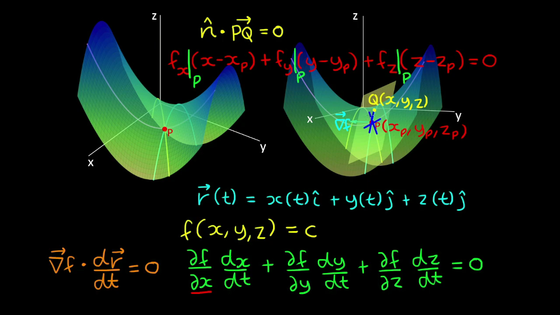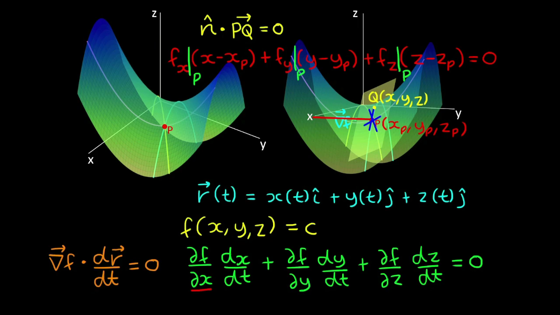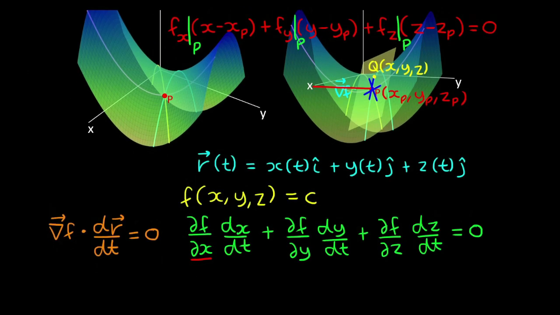And furthermore, the normal line of the surface at point P is the line that passes through point P that's parallel to the gradient vector at this point. So recall that a line can be parametrized by the parameter t, and the line can be defined using the base point and the direction vector.